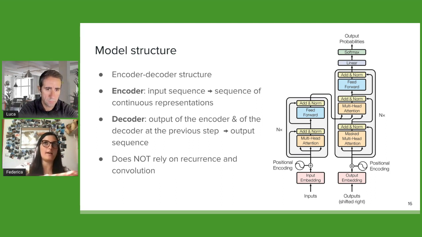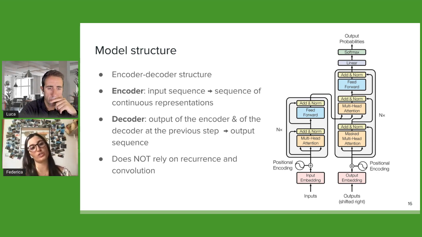So we change the space in which we are located. Then the decoder takes as input the output of the encoder and also the output of the decoder at the previous step. And then it outputs a final sequence that is the one we are trying to obtain.